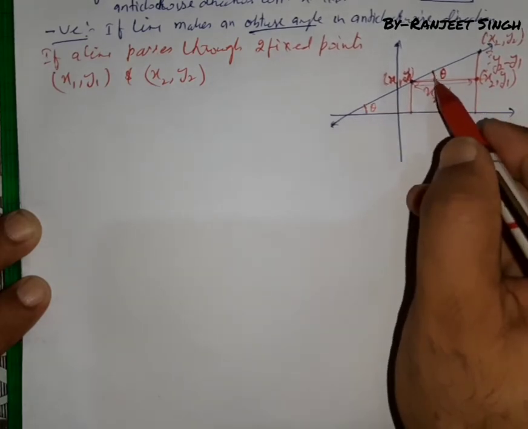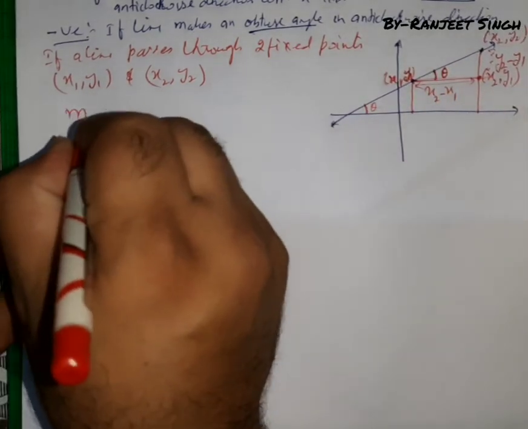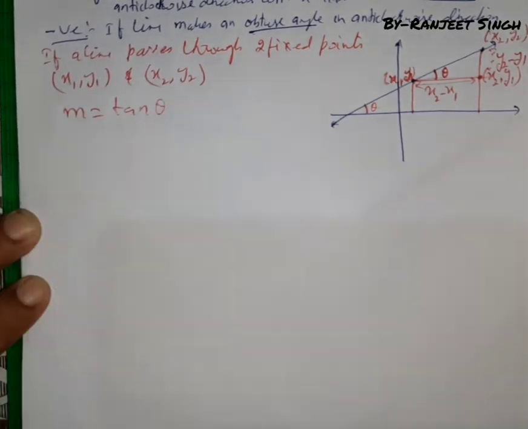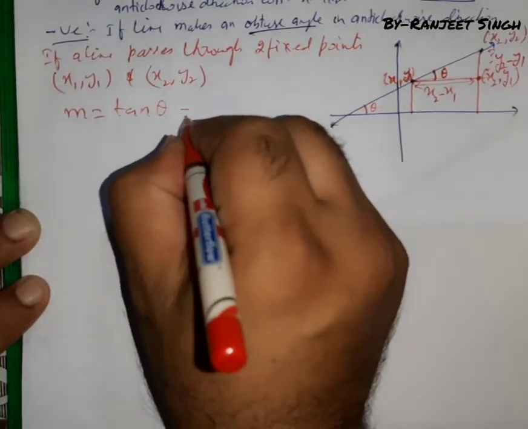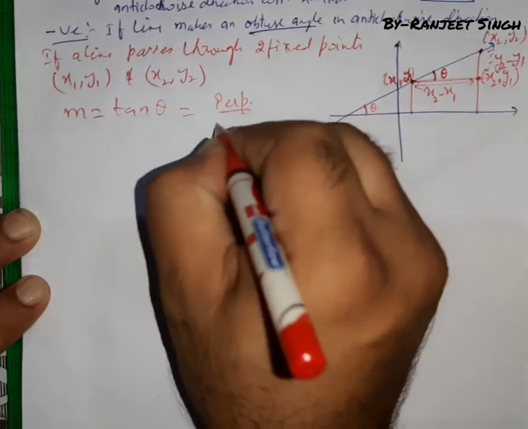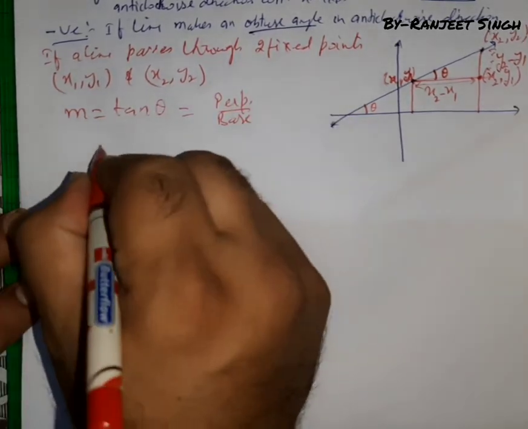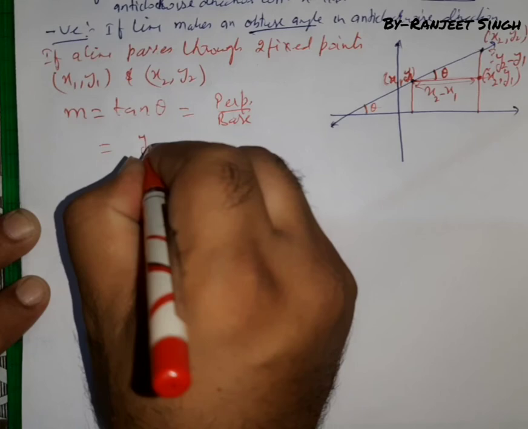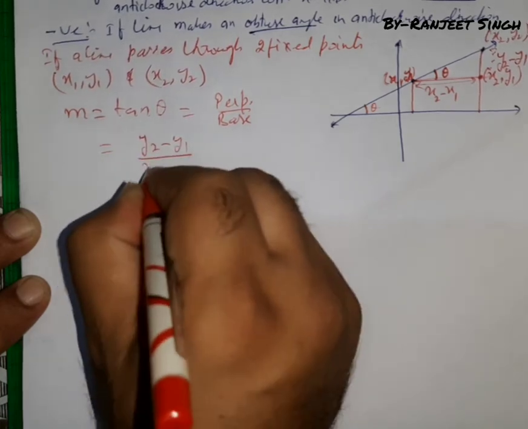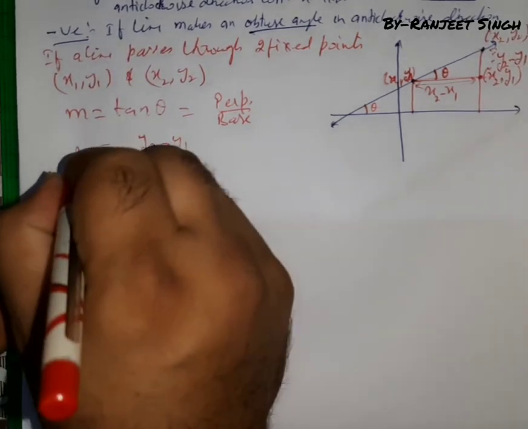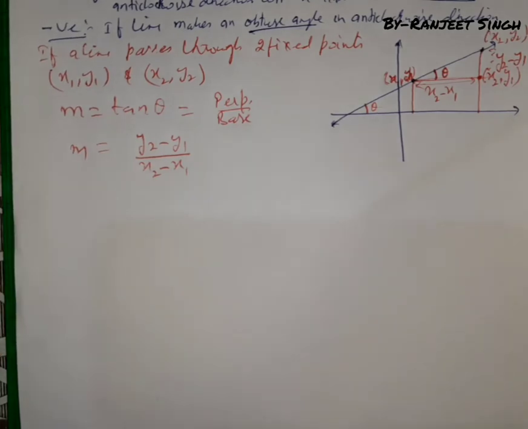So now I have to measure this angle. So here the slope m is equal to tan theta, and we know that tan theta is equal to perpendicular over base. So here the perpendicular is y2 minus y1 and base is x2 minus x1. This is slope.